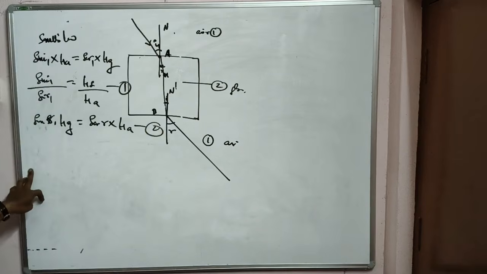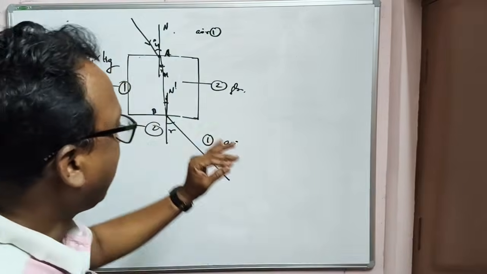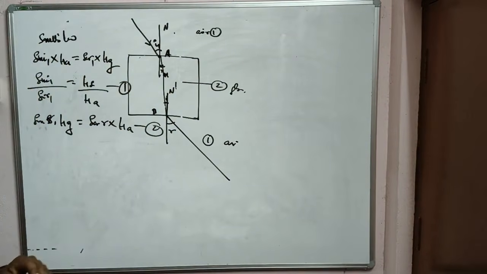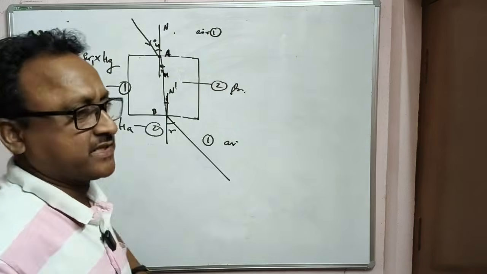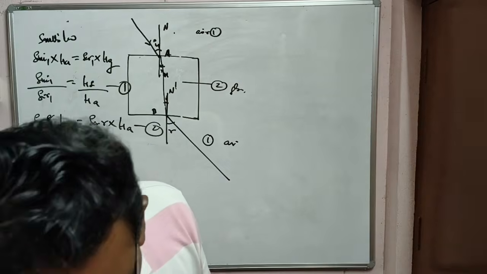Equation 2. Clear? So like this you can apply Snell's law for glass slabs also, and easily solve the problems. If values are given, you can put them in and finally calculate the refractive index values. Okay? So please prepare the concept well.